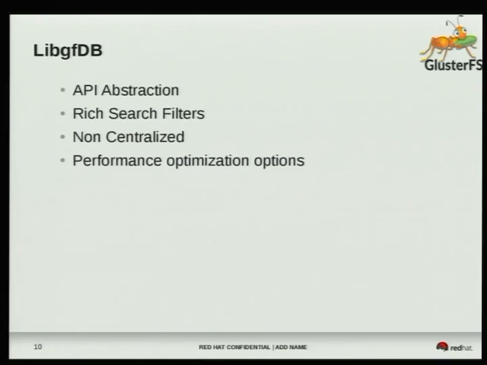So if one brick goes off, it's okay. Your namespace didn't die. Your other databases are up there. Of course, you're going to lose the data that was there in the brick, but you can do data maintenance on other bricks. And the last part, which is a futuristic thing, we are going to add performance optimization on libgfdb. I'm going to talk about it a bit later.